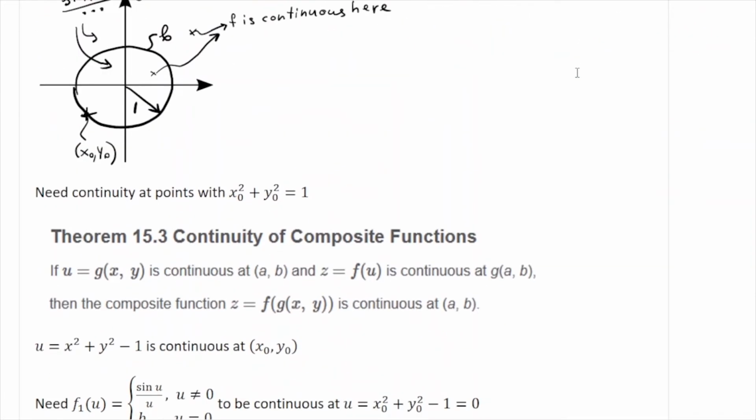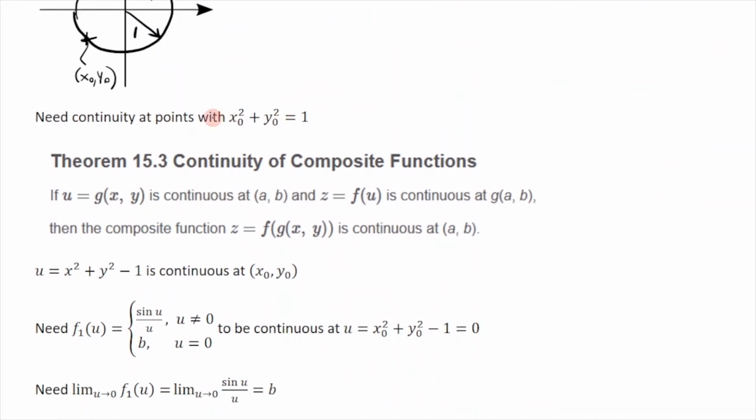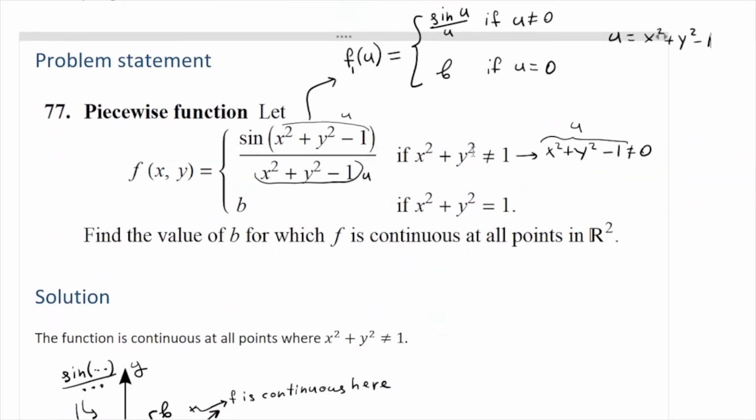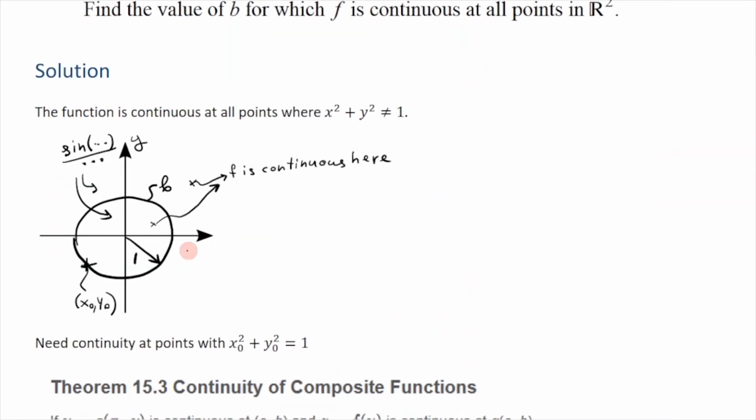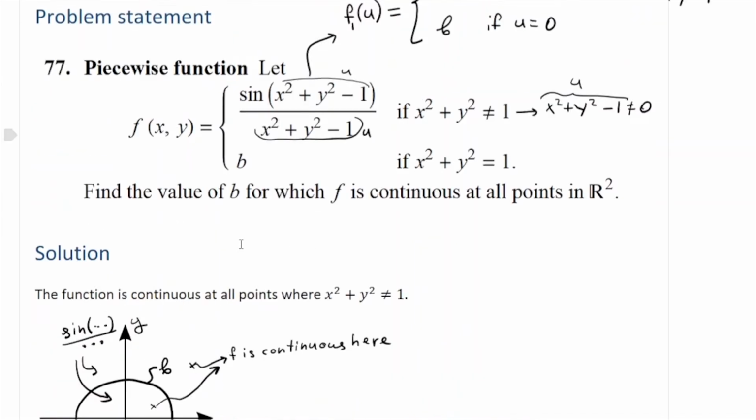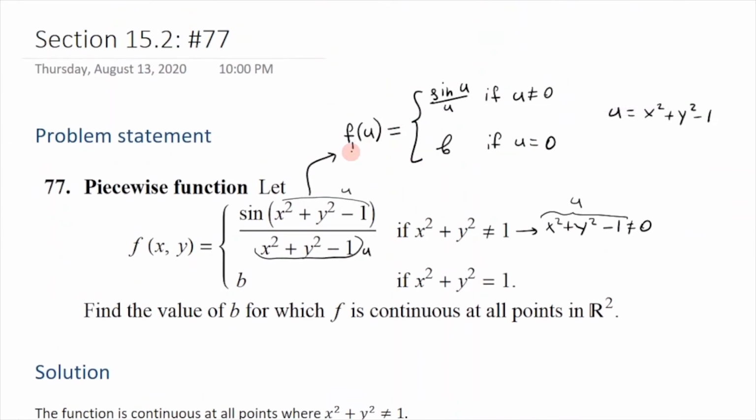And what we will use is the theorem for continuity of composite functions, which essentially tells you that if this guy is continuous at this point in question, and if this guy is also continuous when we have x naught, y naught plugged in here, and you get some value for u, then the composite function, which is this guy, is also continuous.